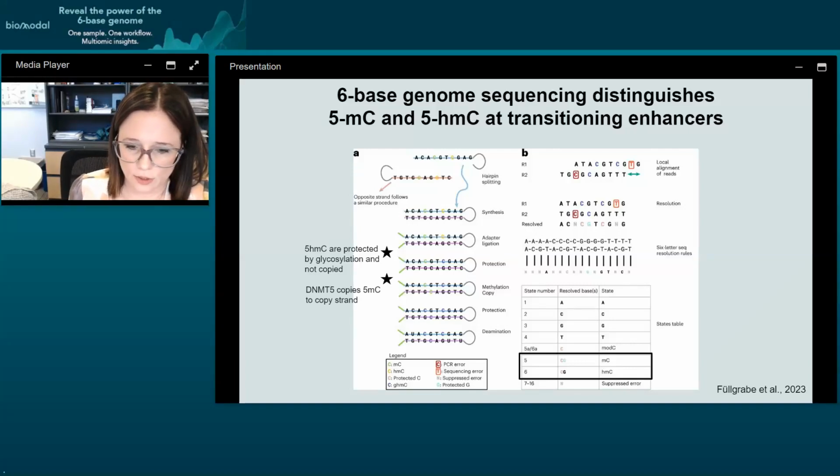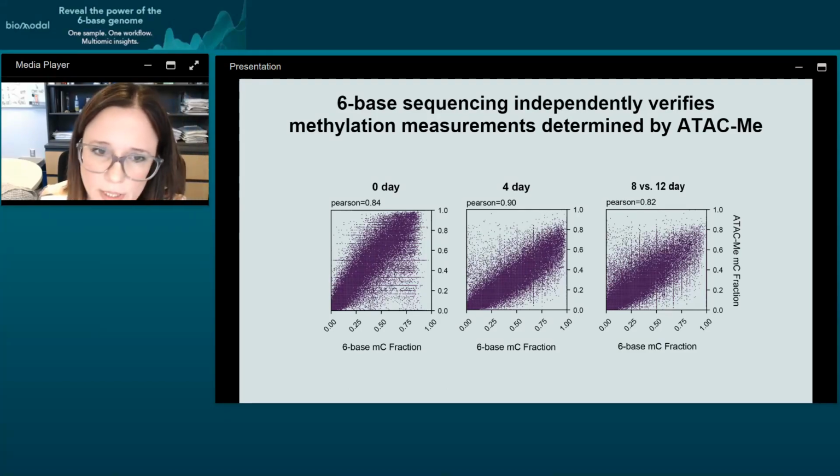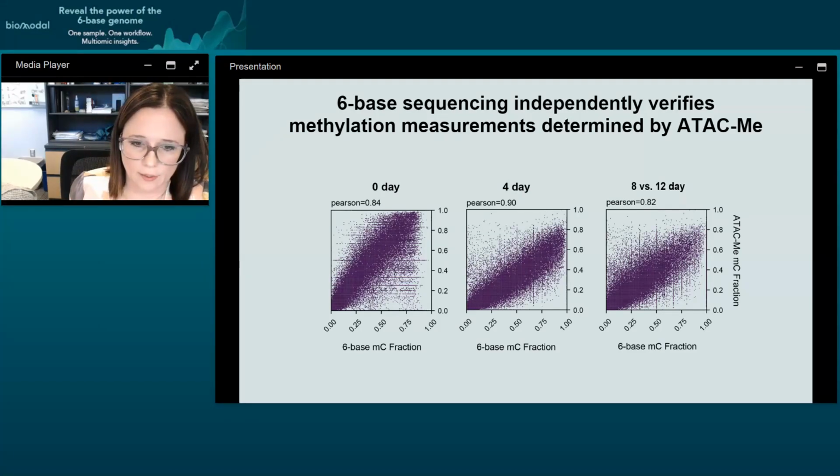And so just to show you what that looks like, what I'm showing you here is the proportion of methylation observed in accessible regions determined by ATAC-Me and bisulfite sequencing. And on the other axis, what I'm showing you is the methylation state of the same CG sites observed by 6-base sequencing. So we're just looking at methylcytosine right now.